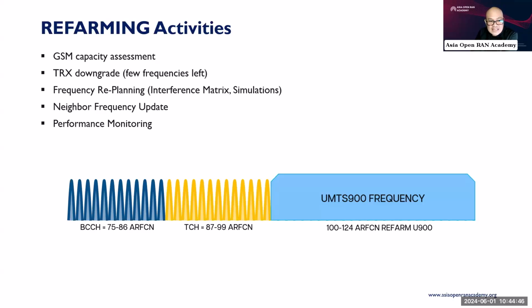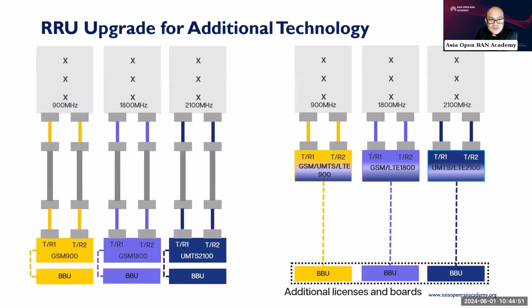Okay? So in terms of the physical component, initially meron tayong ganyan dati. Per technology, yung ating antenna system, you have a separate system for 900, 1800, 2100. And then we go to a baseband RRU type split of implementation, where you put the RRU near the antenna and the BBU stays at the bottom of the cell site.